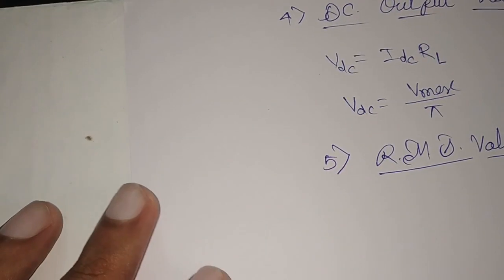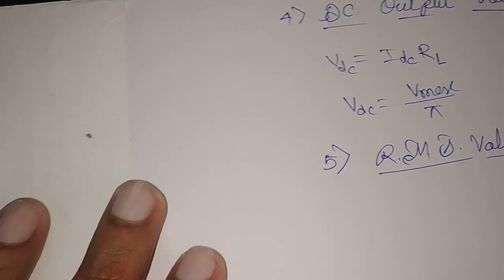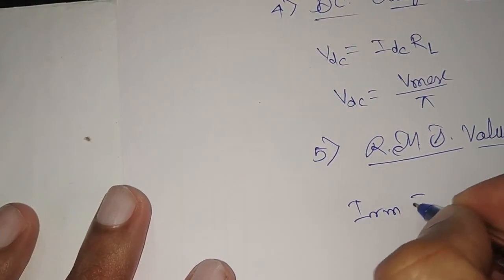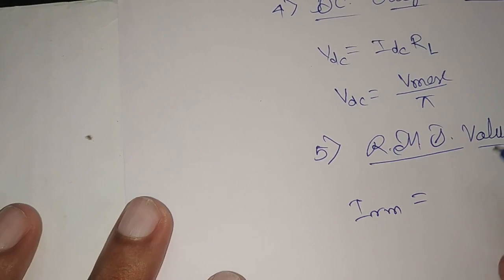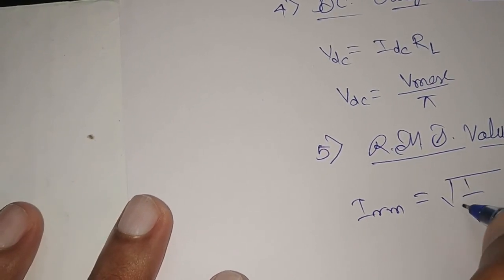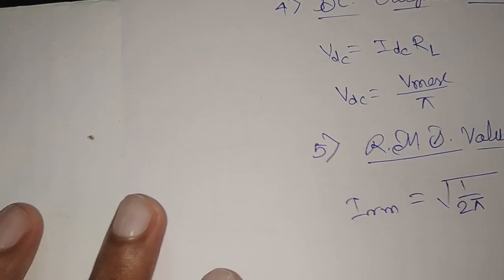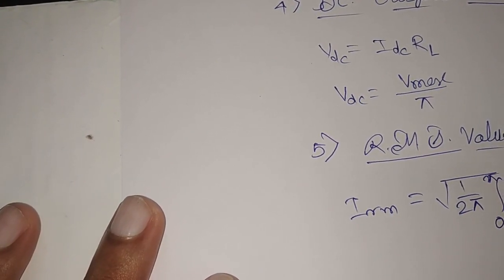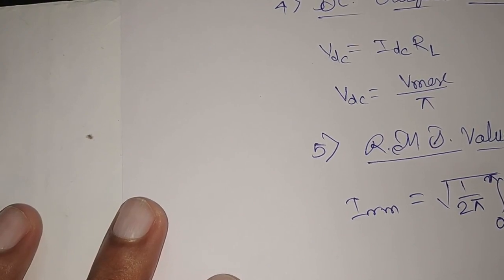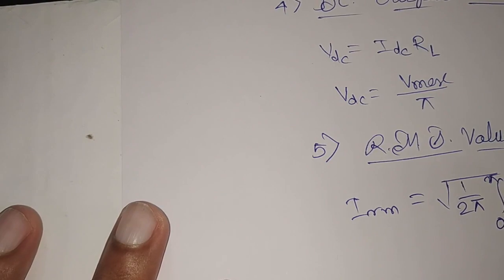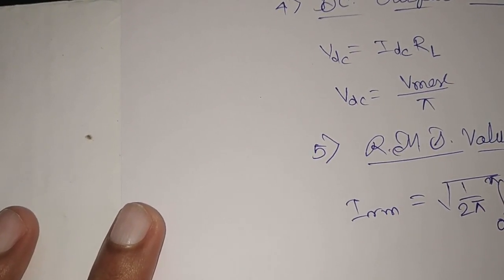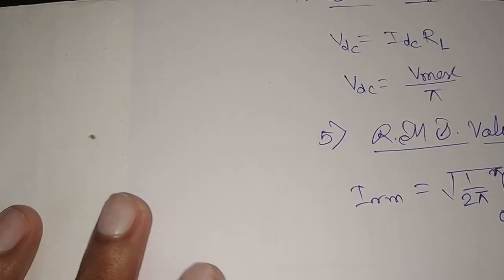So what is root mean square value of current? It is calculated by, we will take the RMS value of current as square root of 1 upon 2 pi, limits of our signal for one cycle 0 to 2 pi, then I square d omega t.